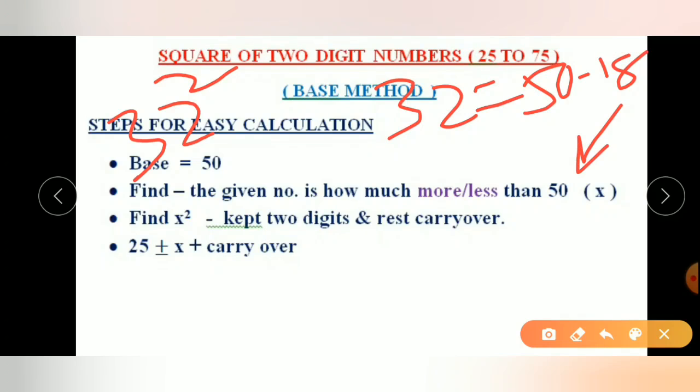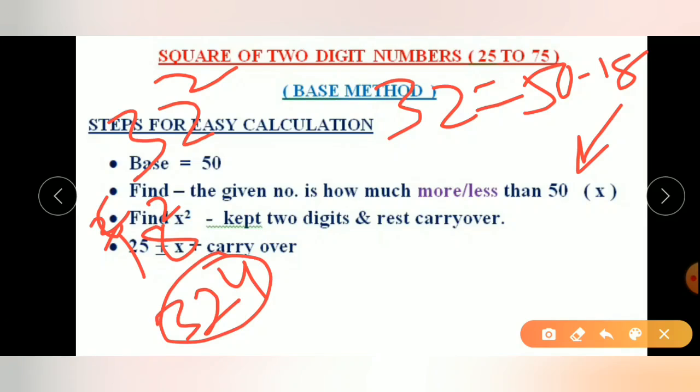If somebody is unable to remember all the squares of 1 to 25, then we can do it this way: 8 times 8 is 64, keep 4 and 6 carry over; 8 times 1 is 8, twice is 16, plus 6 is 22, keep 2 and carry over 2; 1 times 1 is 1, plus 2 is 3. So 324. We keep 2 digits and the third digit is carried over.